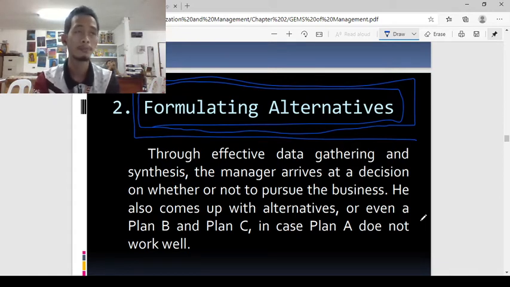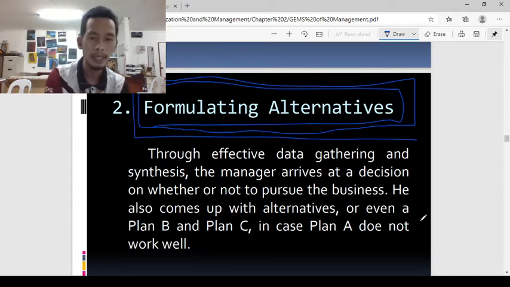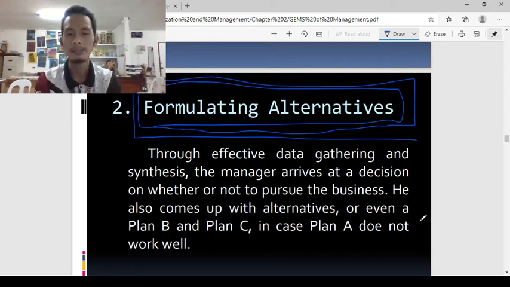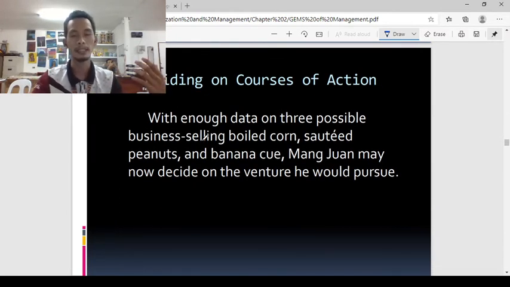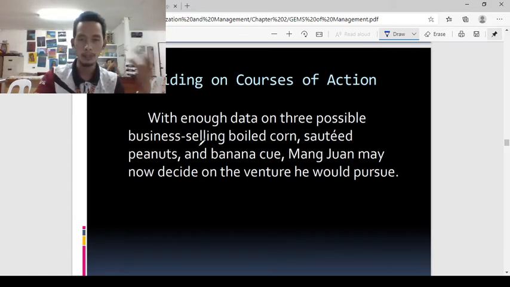So, from time to time, nakay plan A, there is a need for you, di ba? A manager must have plan B and plan C. He also comes up with alternatives, or even plan B and plan C, in case plan A does not work well. Now, you have already your formulated alternatives. Pag dili mo patok si plan A, naa kay plan B, naa kay plan C.